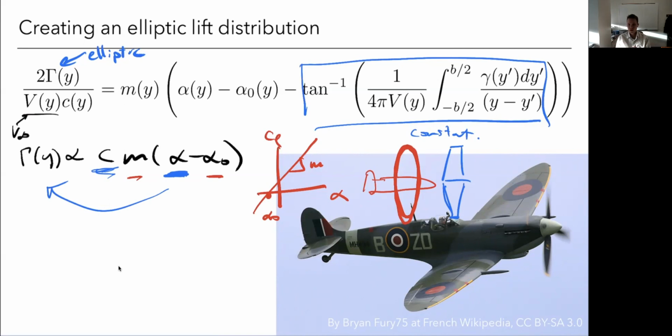That doesn't mean that these are completely independent, right? The chord that I choose and the twist are going to have effects on my structure as well as my stalling behavior and other things. So as a designer, there are additional considerations. But what this does mean is I'm free to choose different shapes. And in fact, this is what's normally done, right? For a commercial airplane, probably another linear segment like this.